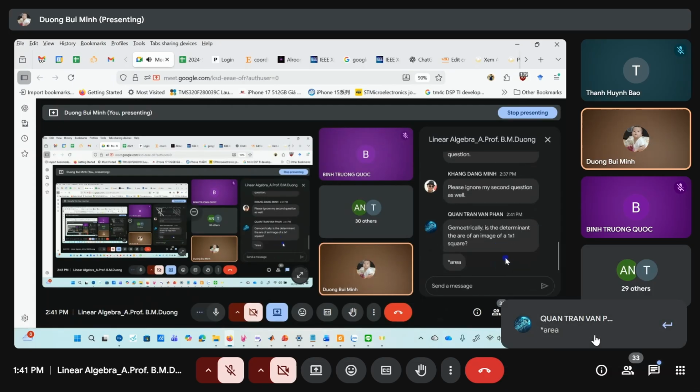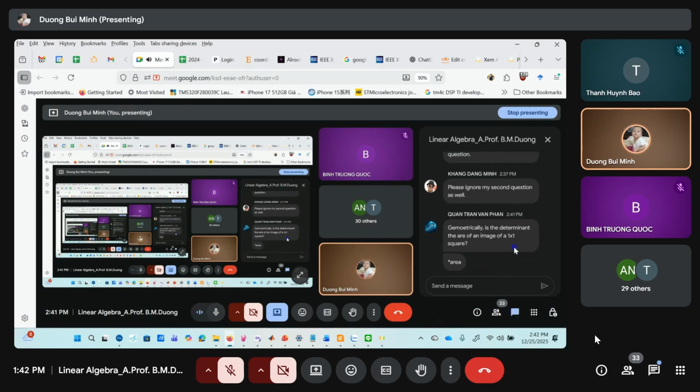Geometrically, is the determinant the area of an image of one-by-one squares? I cannot understand clearly the meaning of your question. You mean the image for what? Image for transformation or just computer vision? You should make it clear.